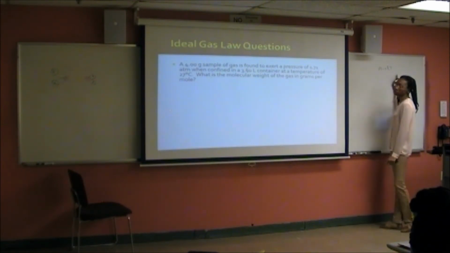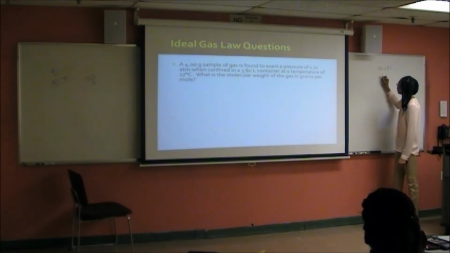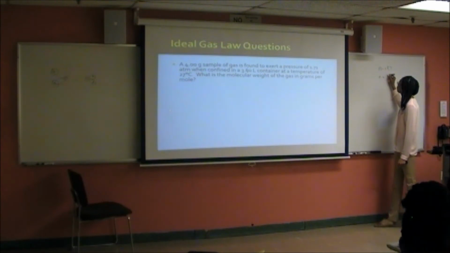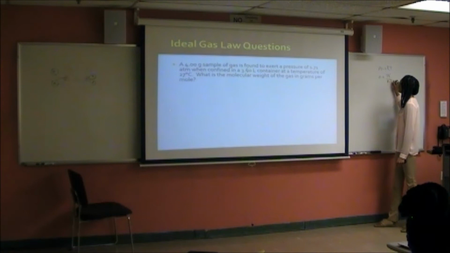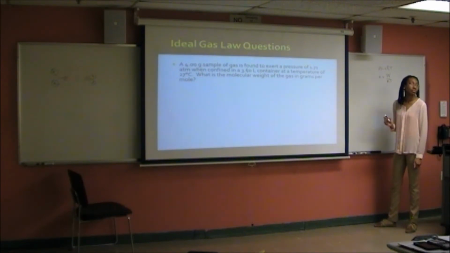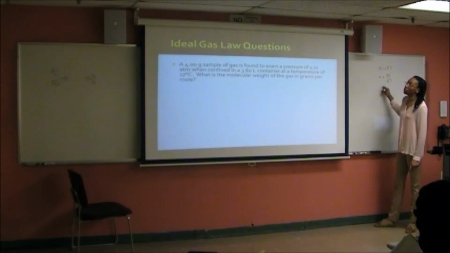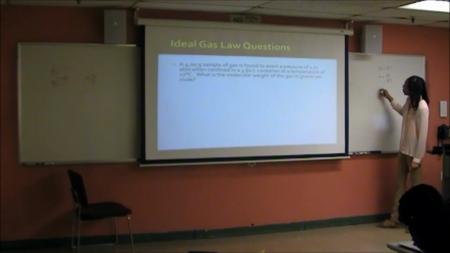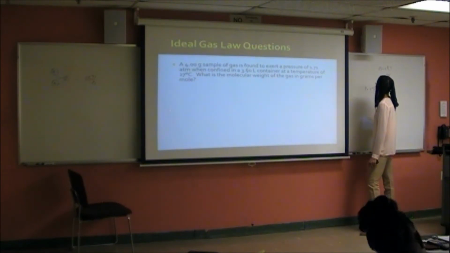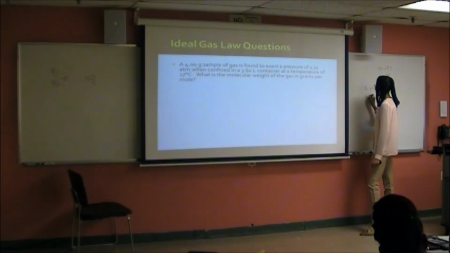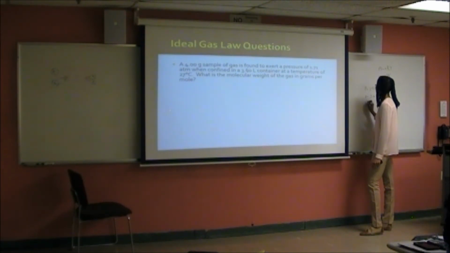How do you find moles? n is equal to PV over RT. What do we need? So we need our pressure, which is 1.71 ATMs. Volume? 3.6 liters.